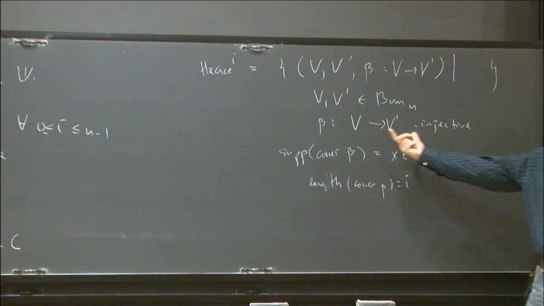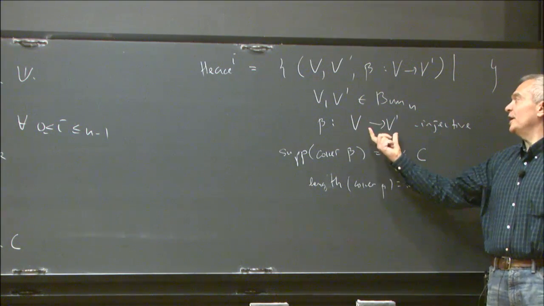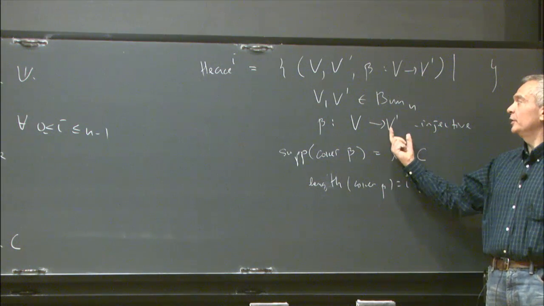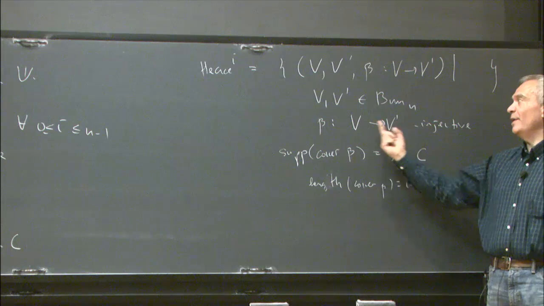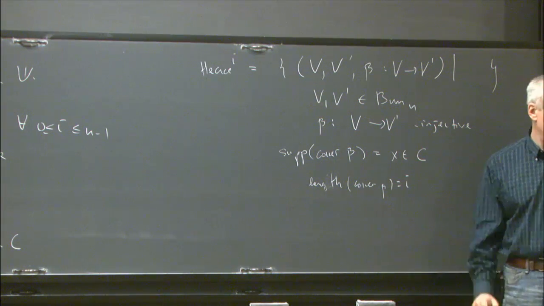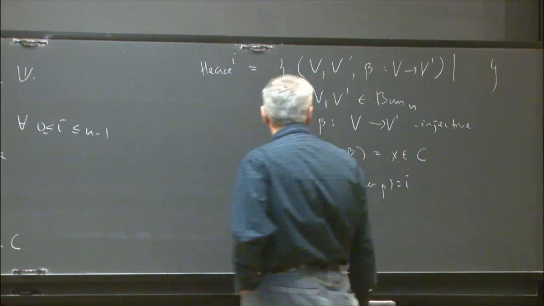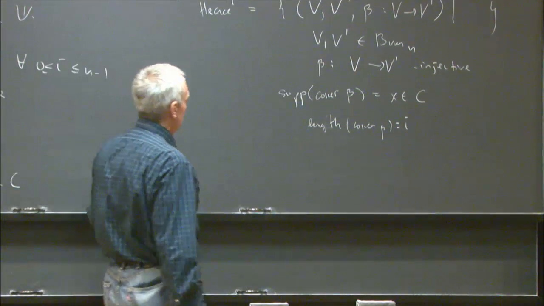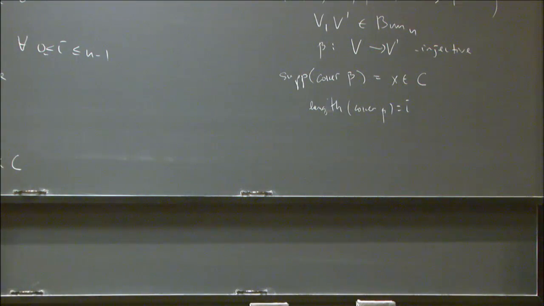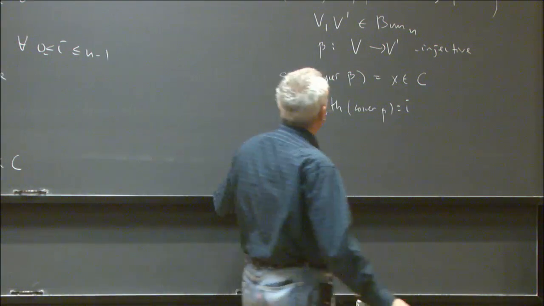So these are just pairs of bundles that are bimeromorphic to each other, and the difference between them occurs exactly at one point. And the map between the fibers has corank i. And the two projections are obvious. You map to V or you map to V prime times the point.